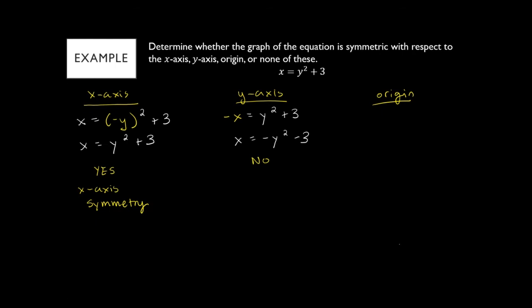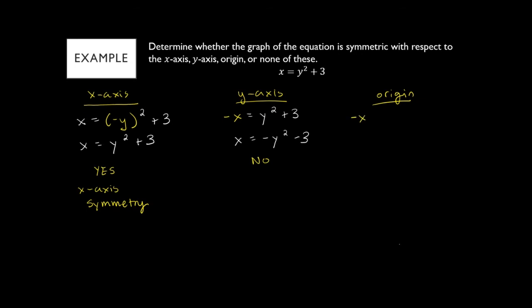And then for the origin, we're going to test both x and y. Because this situation is very similar to the previous one, we're going to find that this also does not have symmetry with respect to the origin.